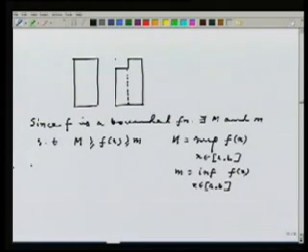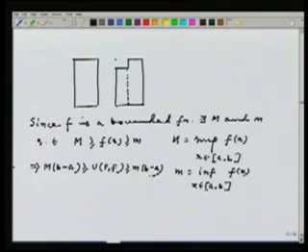Notice then that this implies that capital M times (b minus a) is always bigger than or equal to UPF, and it is bigger than or equal to m times (b minus a). Similarly, capital M times (b minus a) is bigger than or equal to LPF, which is bigger than or equal to little m times (b minus a).